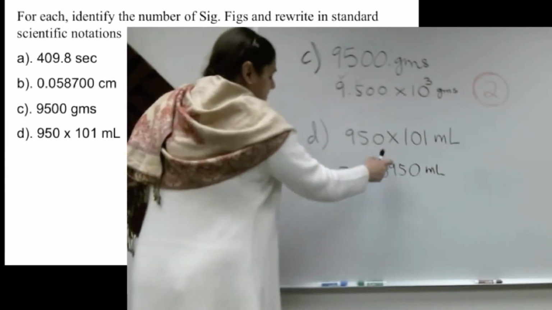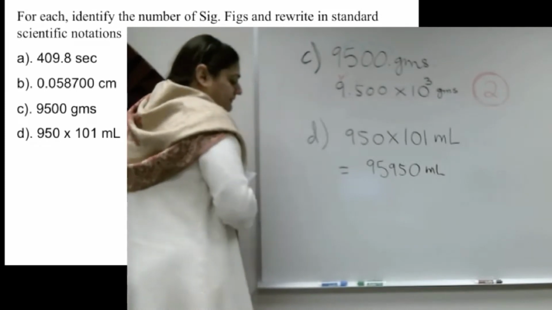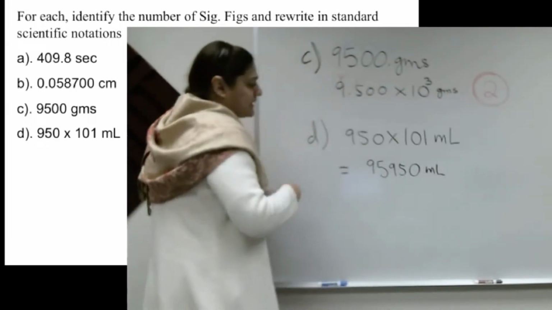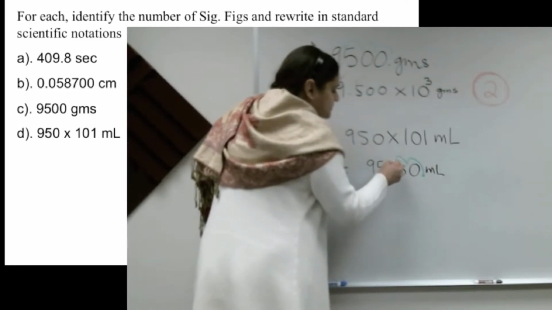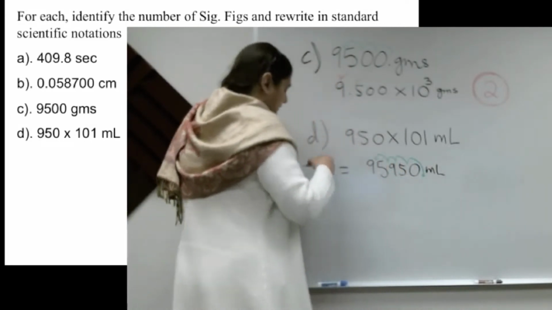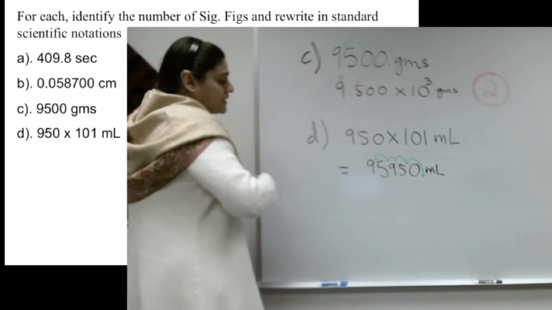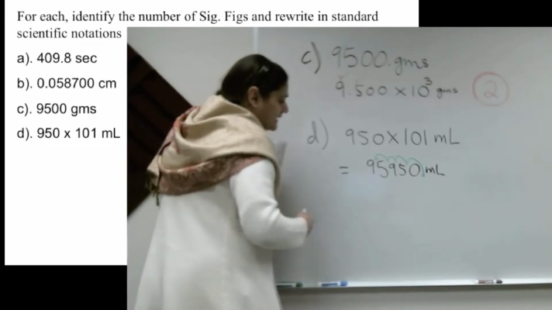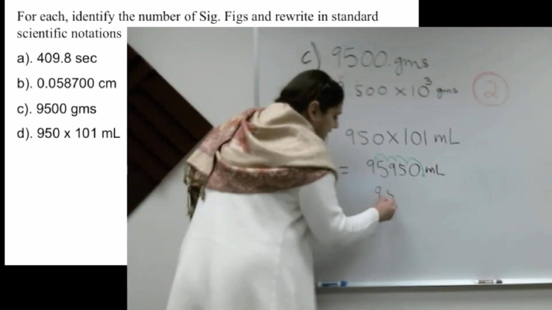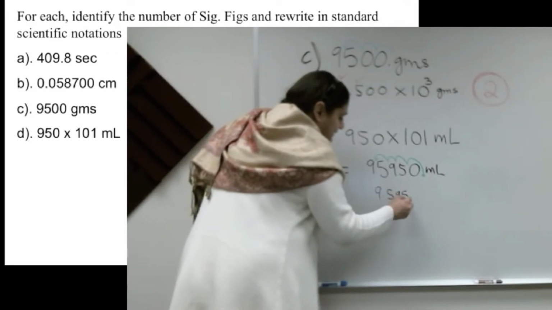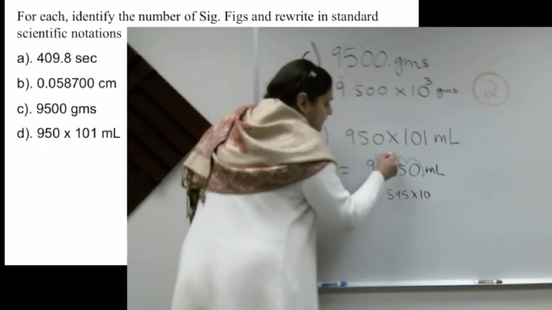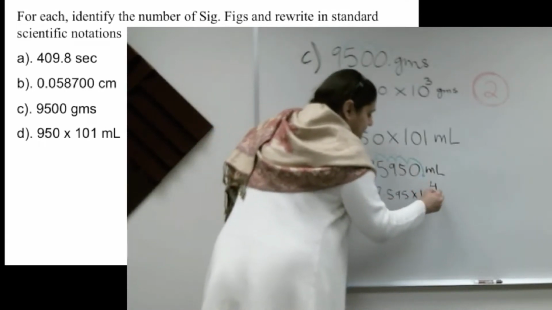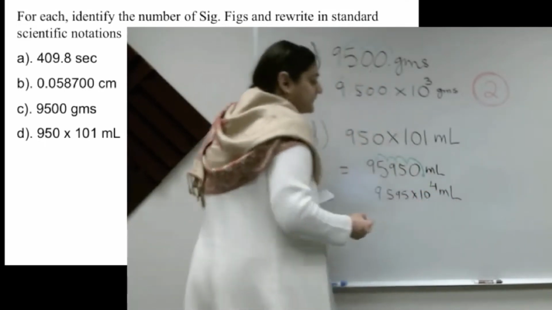There's a multiplication in the middle. Now, how many decimal points do I need to move it? So my decimal is here right now. I need to move it 1, 2, 3, 4. Okay? So my answer should be 9.595 times 10 to the 4 milliliters. Okay?